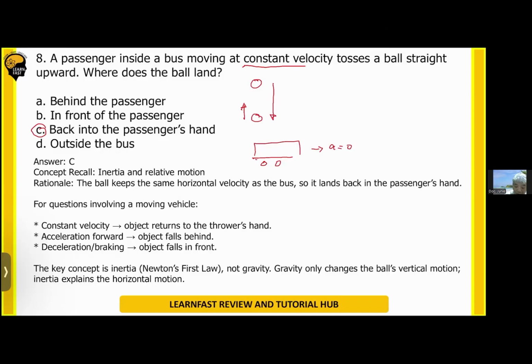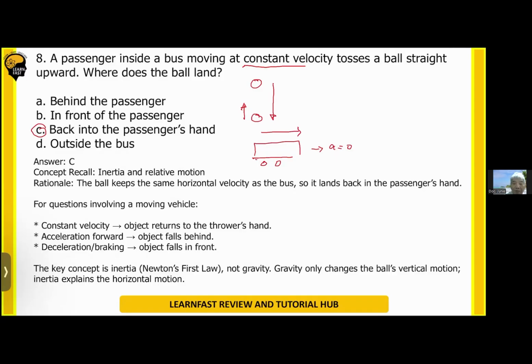So yung bus natin gumagalaw patungo dyan. So yung bola will also keep the same horizontal velocity. So ang ibig sabihin dito, kung yung bus nagmo-move with a certain velocity, the ball will move horizontally with the same velocity as the bus has. So the ball will land back in the passenger's hand.